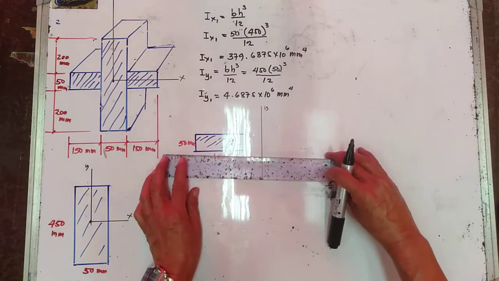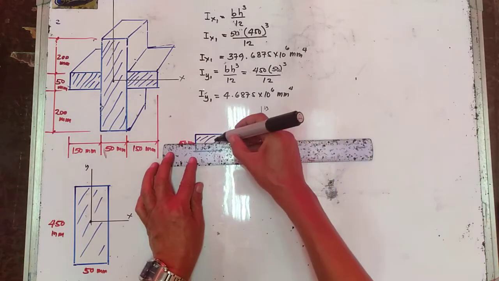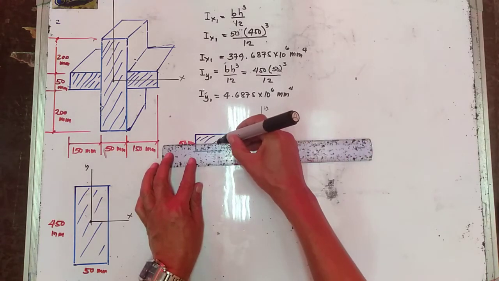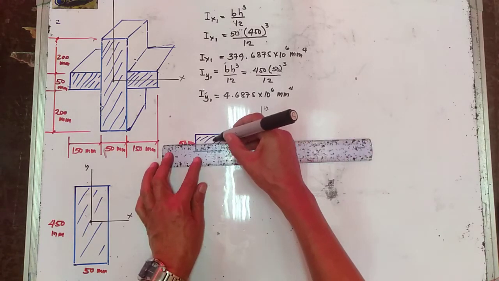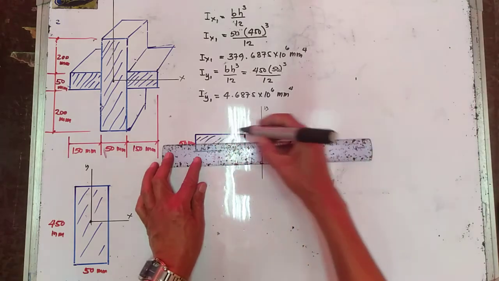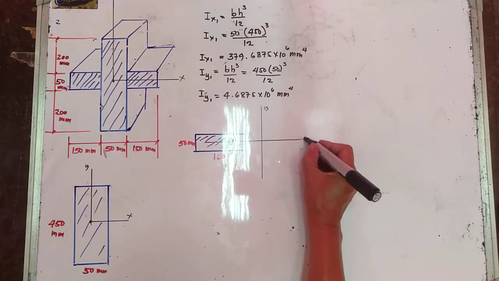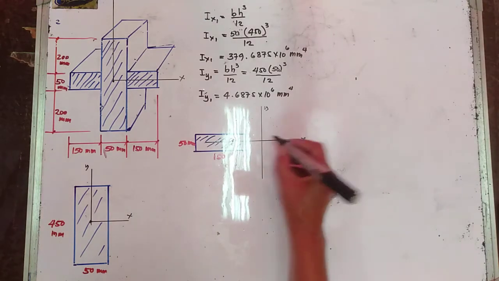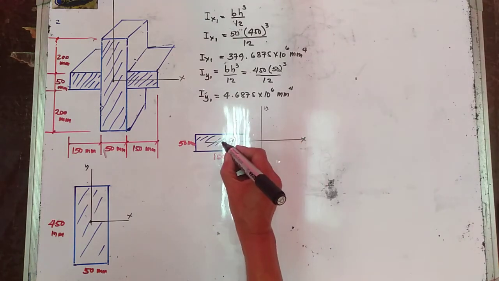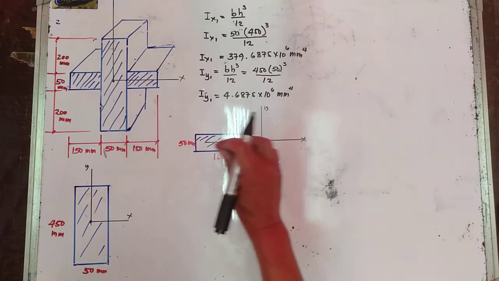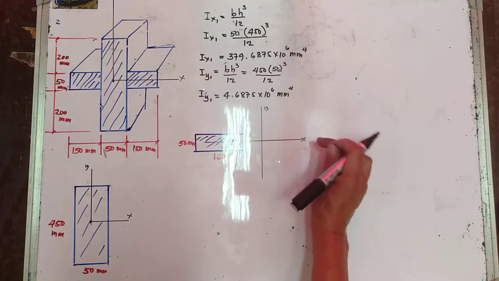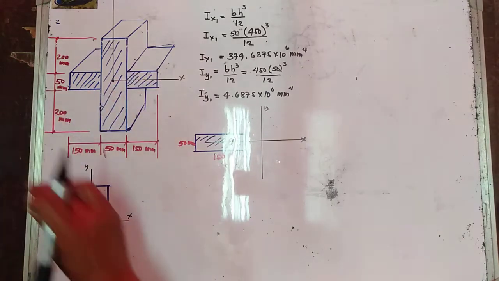And this one in here is now the x-axis. The x-axis passes through the centroid of this area.